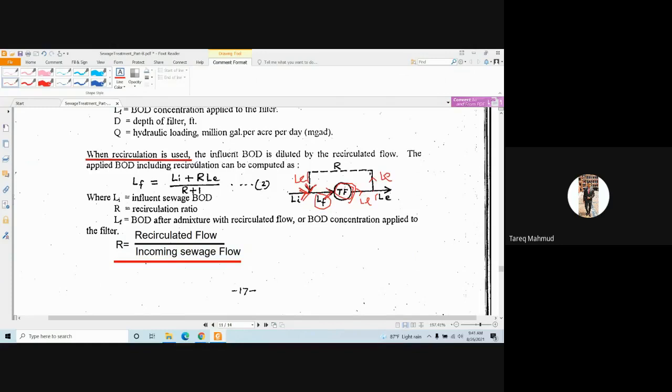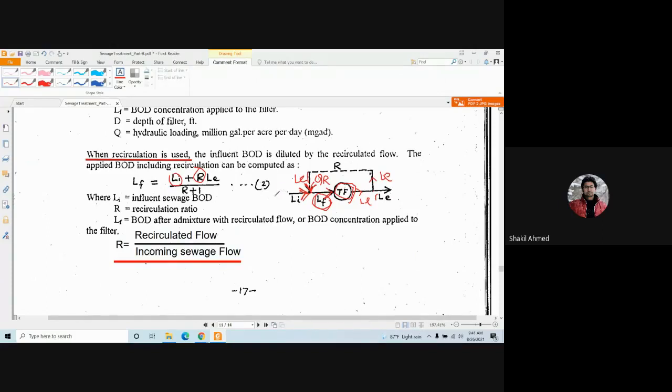Yes, sir. So here LF equals Li plus R times LE, divided by R plus 1. What is R here? R is the recirculation ratio. So R equals the recirculated flow, let's say QR, divided by the incoming sewage flow, QI.